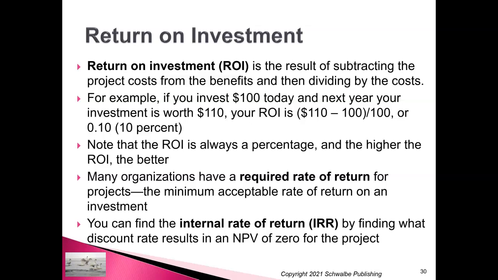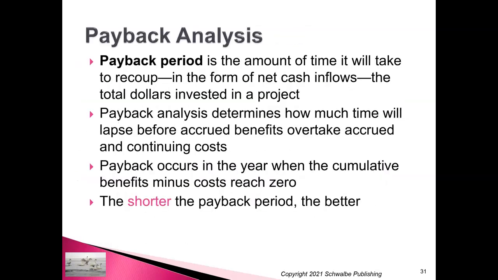But this project will have an IRR, an internal rate of return of 12%. Well, I'm going to pick the project at the C-suite level that gives me 12% return. Bigger is better.